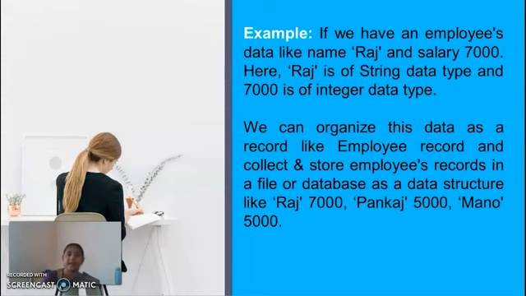Here Raj is of character type, so name has the character data type and salary has the float data type. So we are combining different sets of data in this table. Here we are going to make a data structure such that the data of that employee table is organized. This is a simple example of a data structure. We organize the data in a table or whatever the case may be. That is called the data structure.